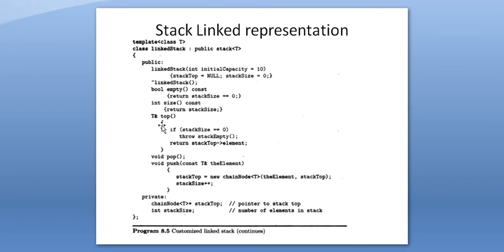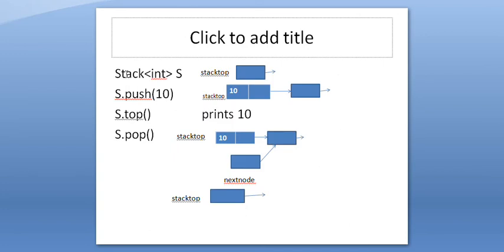Okay, now let's go back to this slide, and rather than stack, we will call this linked stack, and t is int and s we have. Once we create an instruction something like this, then the configuration set will be this.